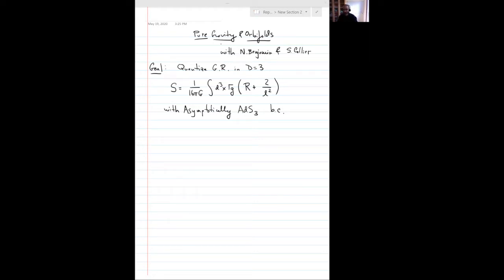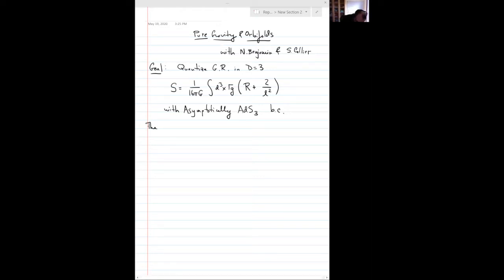And one very famous fact about this theory, which I can review if you haven't seen it before, is that the set of asymptotic symmetries of this space-time, that is to say, the set of canonical transformations that you can do on the space of geometries with this set of boundary conditions, is actually an infinite dimensional group of asymptotic symmetries, which is the Virasoro group.